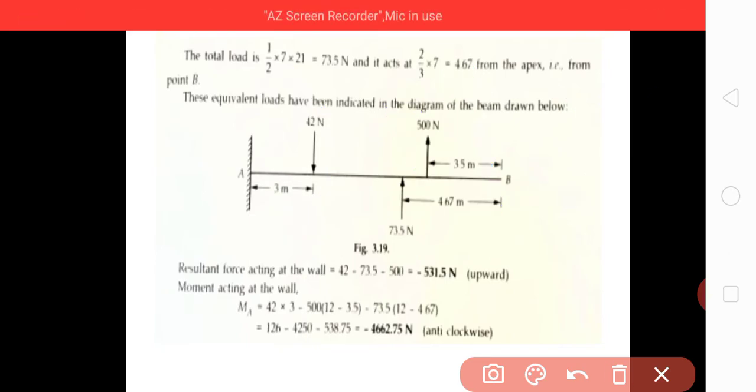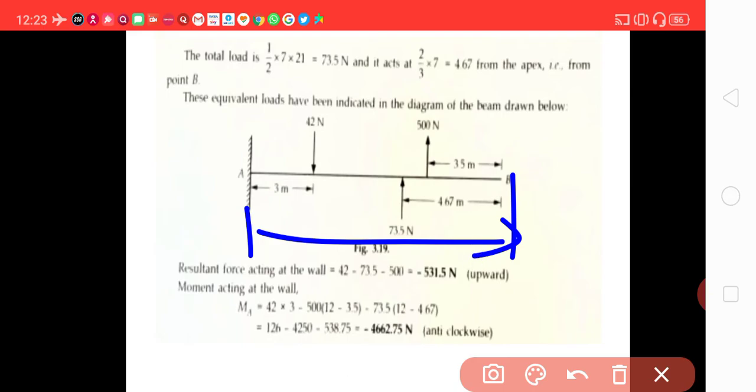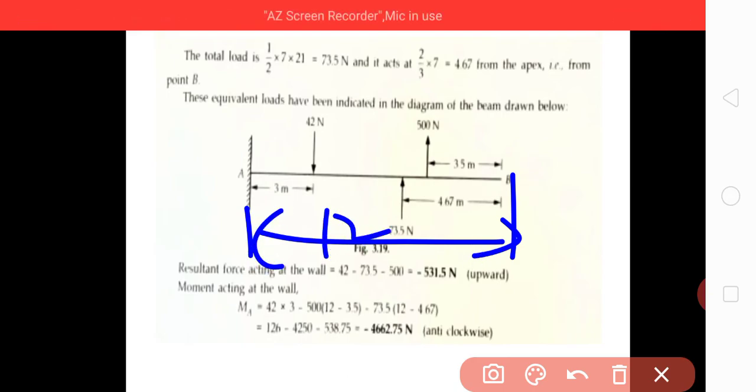So 42 into 3 minus 500 into 12 minus 3.5. This is the 3.5 distance. Total distance is 12. Then 73.5 into 12 minus 4.67.